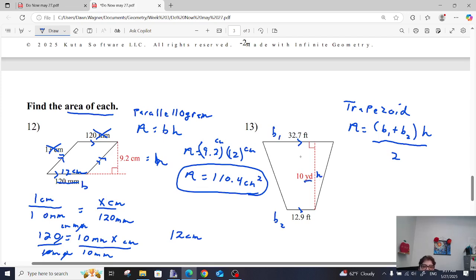However, this is in yards and these are in feet. Yes. You're going to divide both those by 3 because when you're going from a smaller unit to a larger unit, you always divide. If you're going from a larger unit to a smaller unit, you're going to multiply because you're getting more.